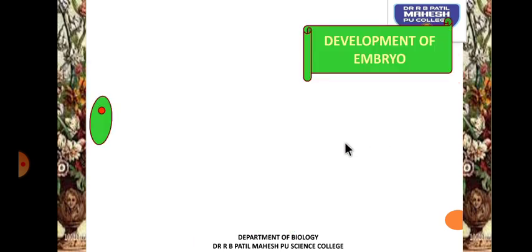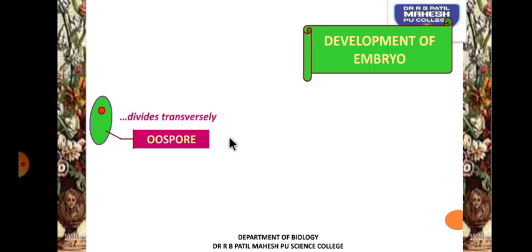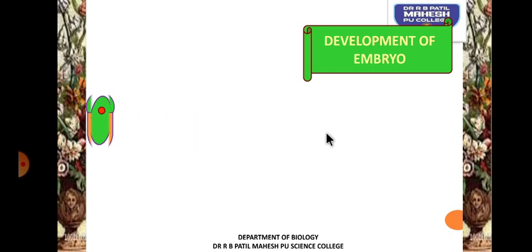The zygote after fertilization is termed an oosphere, where it has enlarged in size. It can also be called an oospore. Now this divides transversely, but the division is not equal, it is unequal, correct?